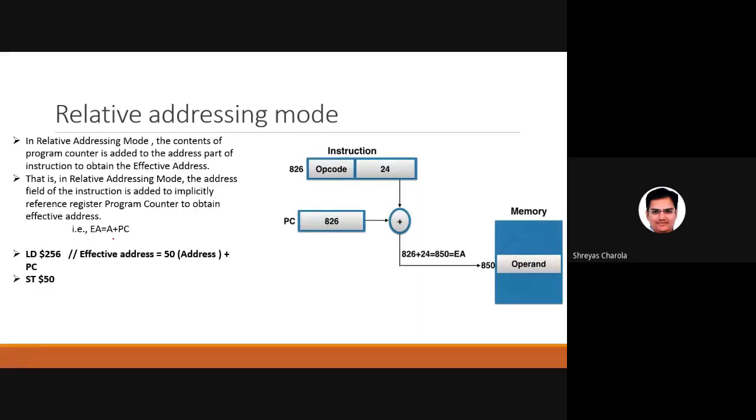That is what we call relative address, or effective address. For example, when you write LD 256, suppose the program counter is already 50; it will add 256 to get a new effective address, then go to that address and read the content.